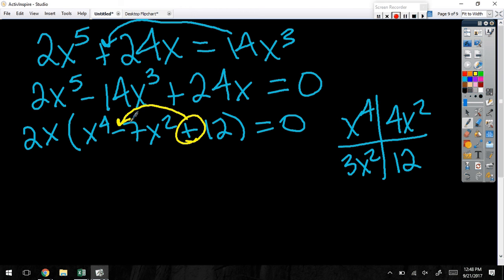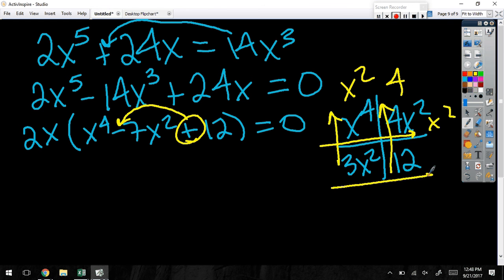Up and over. GCF. x squared. This is setting up nicely for another special pattern. GCF? 4x squared. GCF? 3. Both of my signs are subtraction, yes?